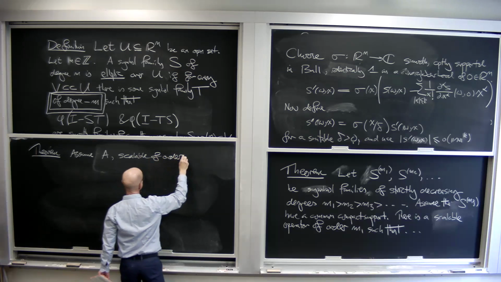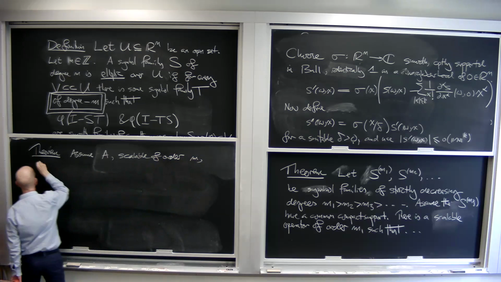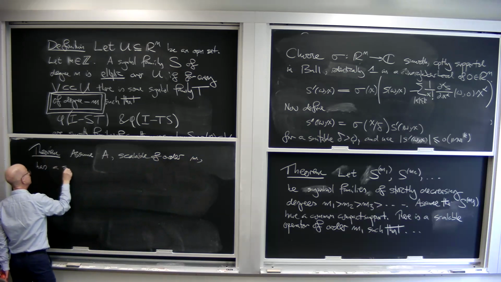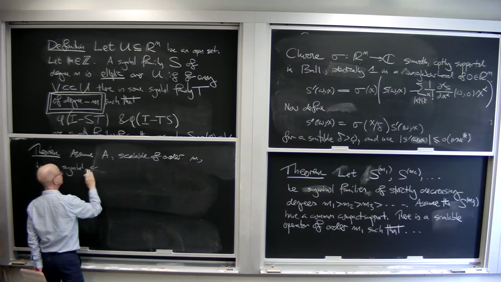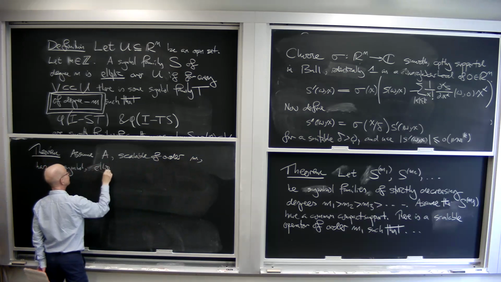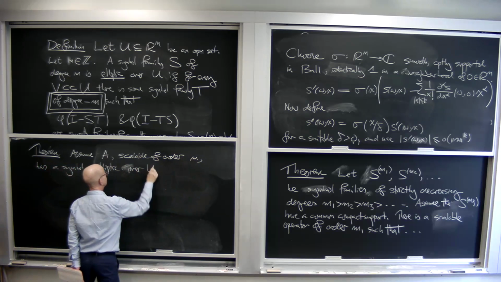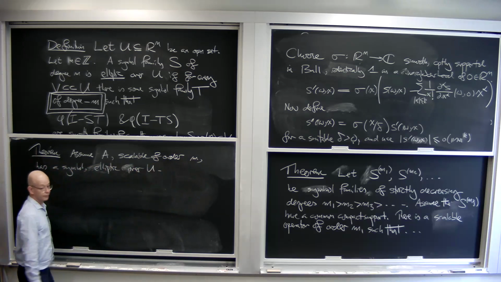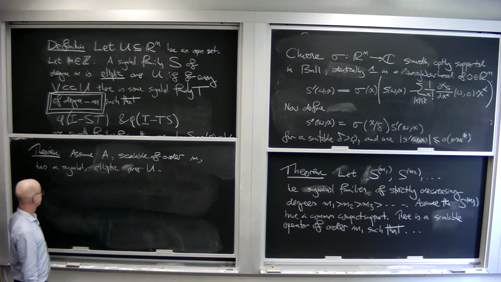Suppose I have an operator which is scalable of order m, has a symbol which is scalable elliptic over some U. Sorry for the elliptic way of speaking there, or writing.